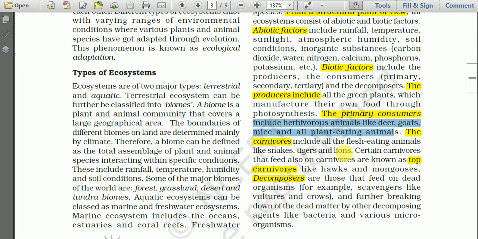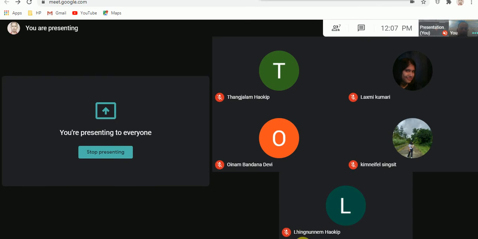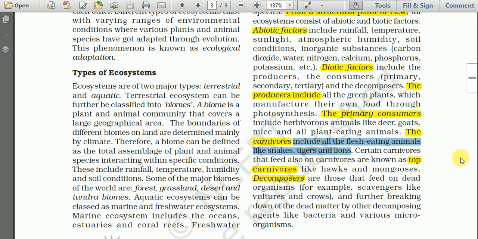And carnivores include all the flesh-eating animals like snakes, tigers, lions. These are some examples. And certain carnivores that feed also on carnivores are known as top carnivores.